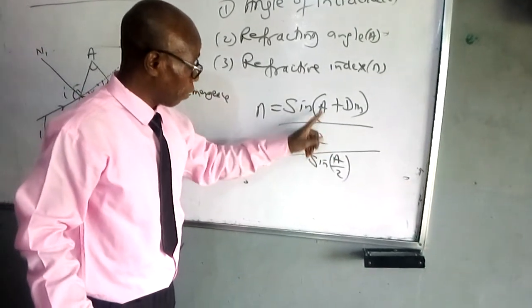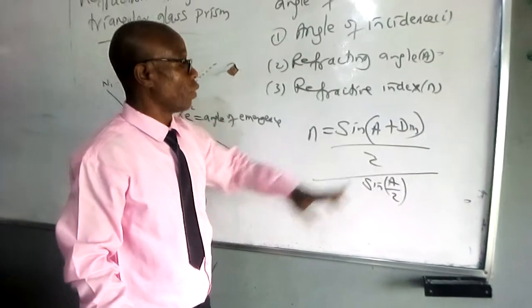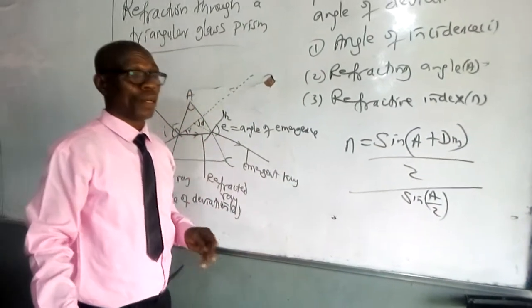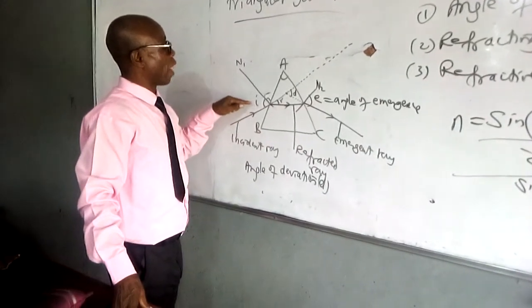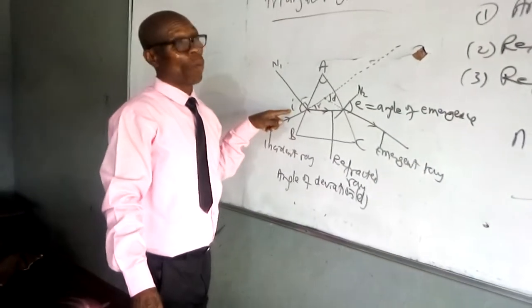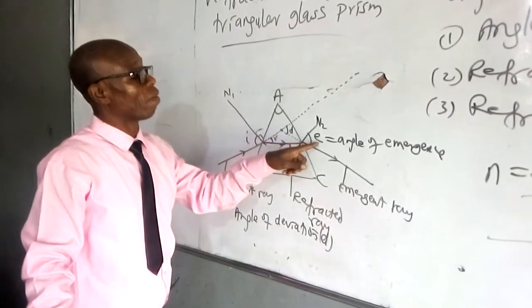The same A is here, the refracting angle. And this angle of minimum deviation can be obtained experimentally by varying the size of the angle of incidence, which will produce a corresponding angle of deviation and angle of emergence.